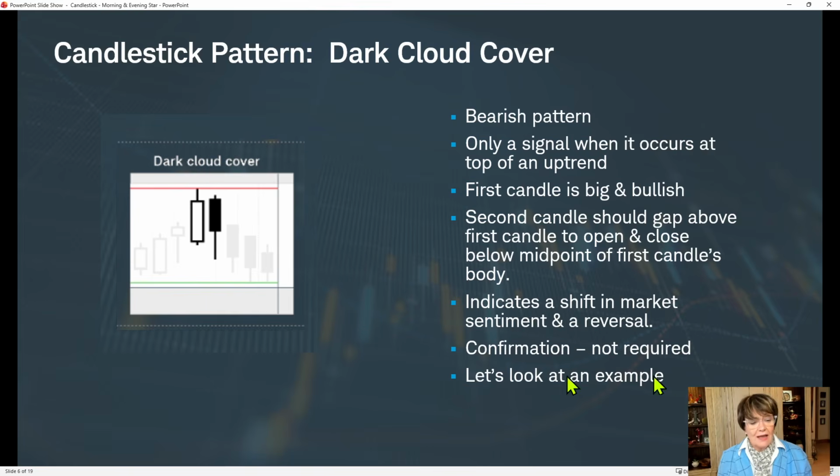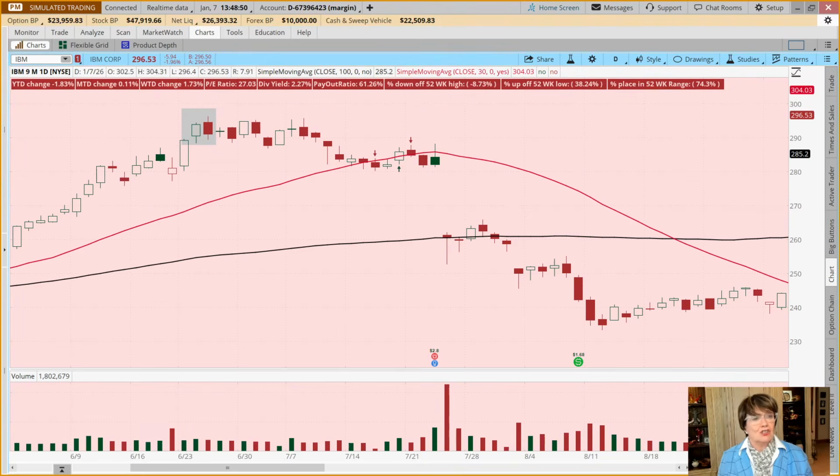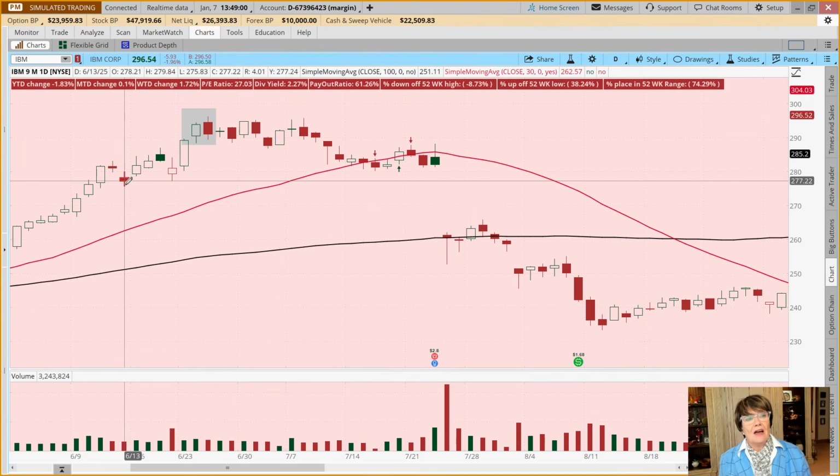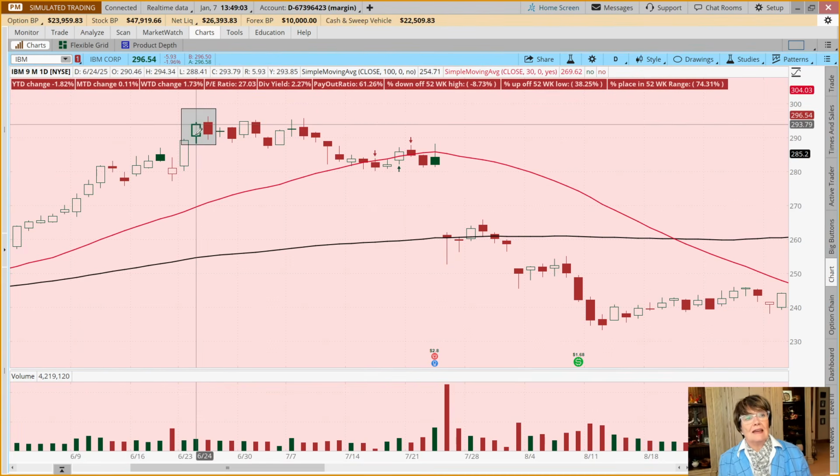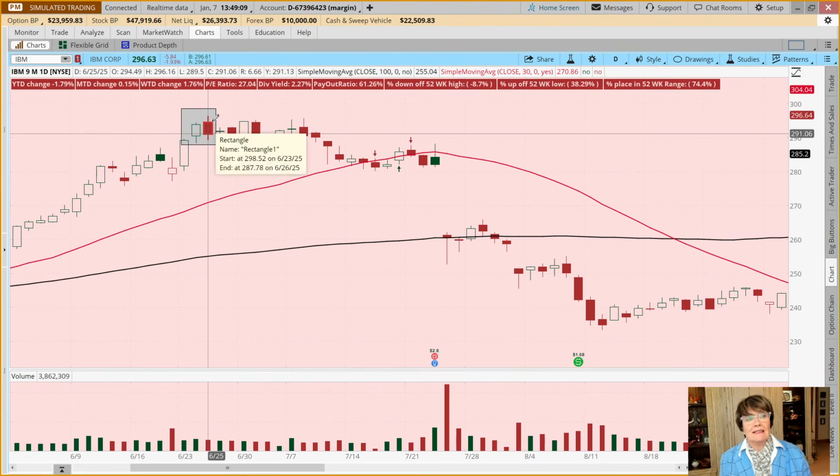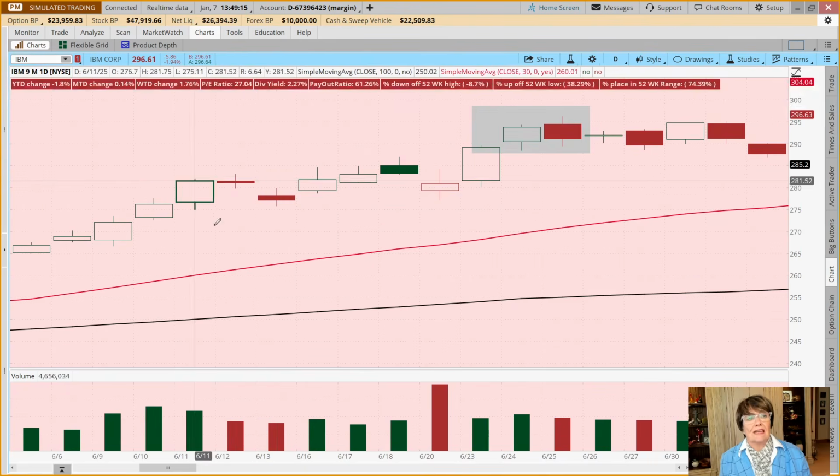So let's go and look at an example on a chart. I'm bringing up IBM, and we can see that during this period of time in June of 2025, the stock was uptrending, pulled back for a couple of days, then it had another nice run to the upside, and then we see this open higher on the next day, and then it closed almost all the way through the body of that first candle.